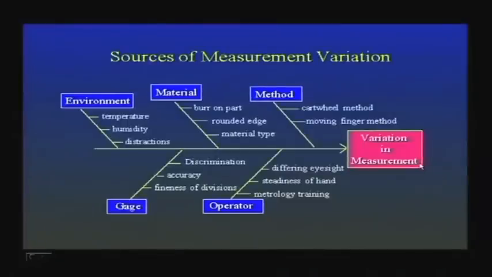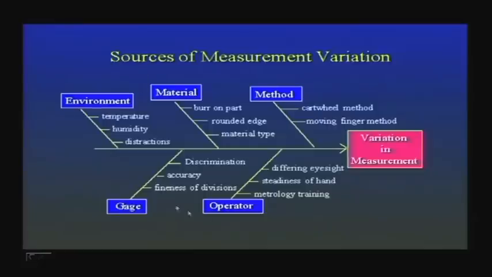Now, there are many different things that can lead to measurement variation. I've got the environment, materials, and methods applied in doing the measurement itself. Then the gauge itself may introduce variation, and that will be the issue of repeatability. And then I've got the operator, who introduces the issue of reproducibility.